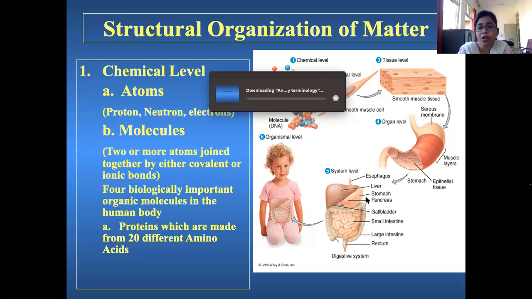From the stomach you enter the duodenum, then small intestine, then large intestine, and the related and associated glands. All this together forms the system called the digestive system. Like this, various systems join together and give rise to an organism.